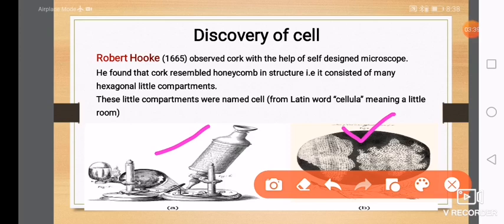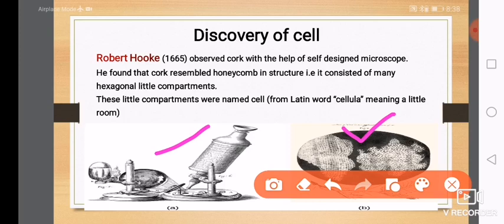It was the scientist Robert Hooke. In 1665 he discovered the cell. And how? He had a self-designed microscope, under which he observed cork. That's how he discovered the cell. He was the first person who discovered that living things are made up of separate units.